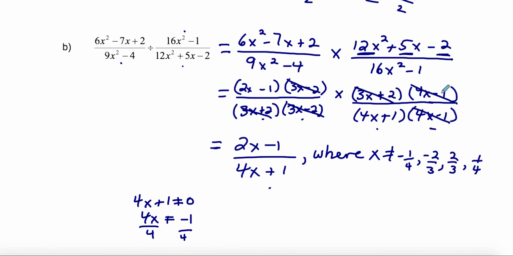And then I also have to look at the numerator. x can't equal negative 2/3. Okay, so I already had that. And x can't equal 1/4, and I already have that. So don't forget, I have to look at restrictions because it was invert and multiply. I have to look at restrictions from the numerator, denominator, and this denominator.